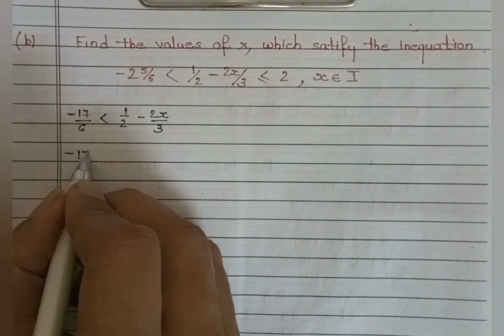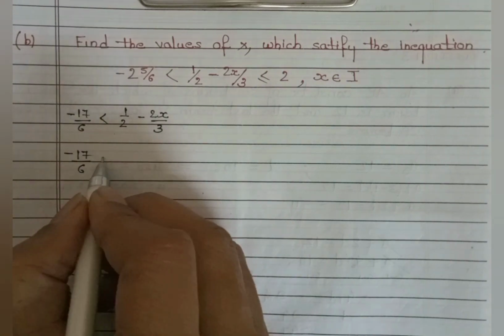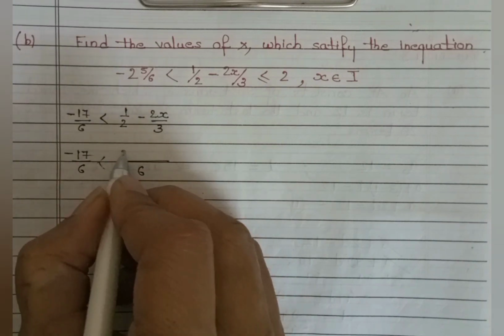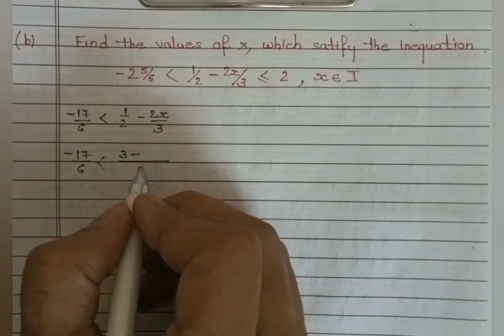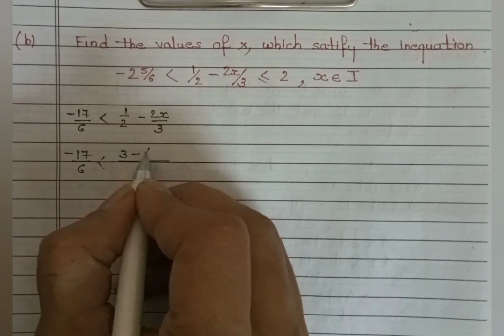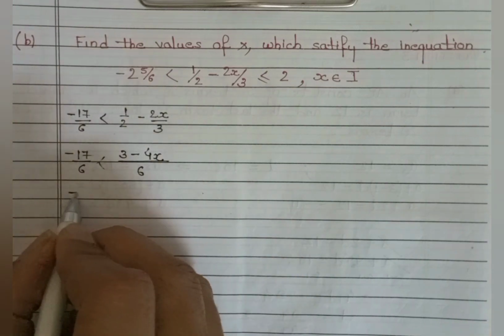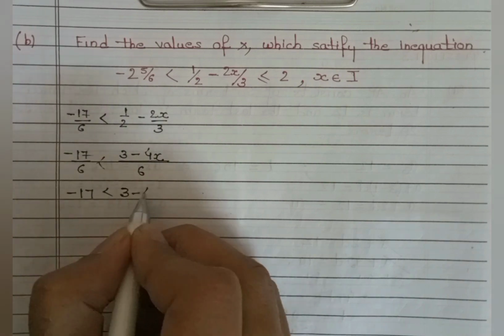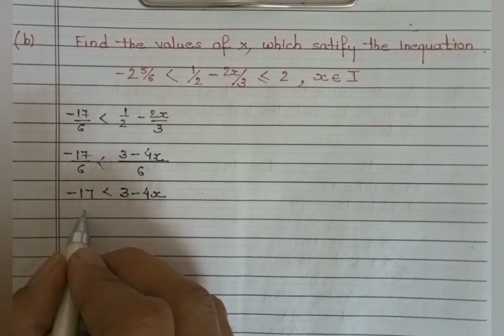Now taking the LCM, so your LCM will be 6, so this will give you 3 minus 4x here. So reducing it, you are getting minus 17 less than 3 minus 4x.